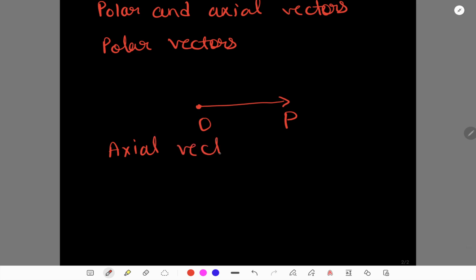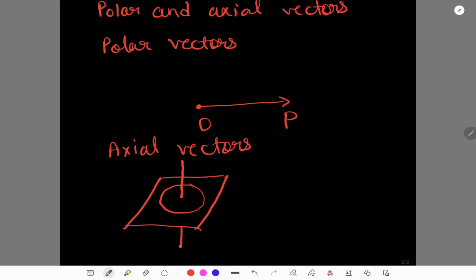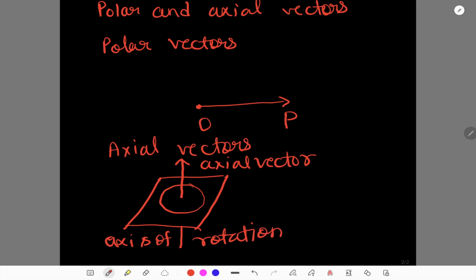Axial vector. Axial vectors represent rotational effect and act along the axis of rotation in accordance with the right hand screw rule.